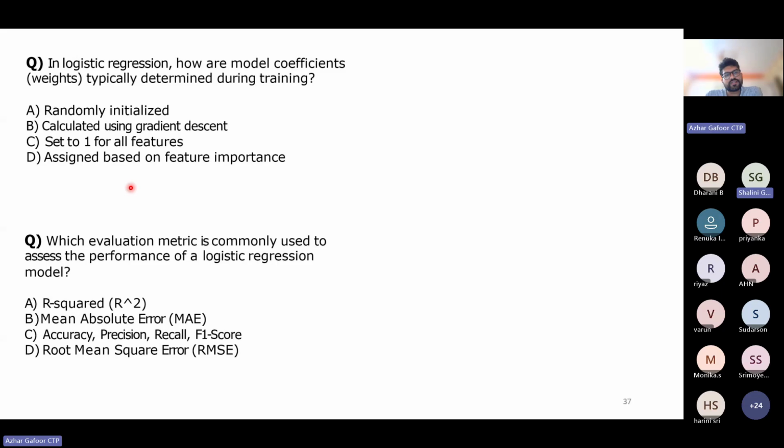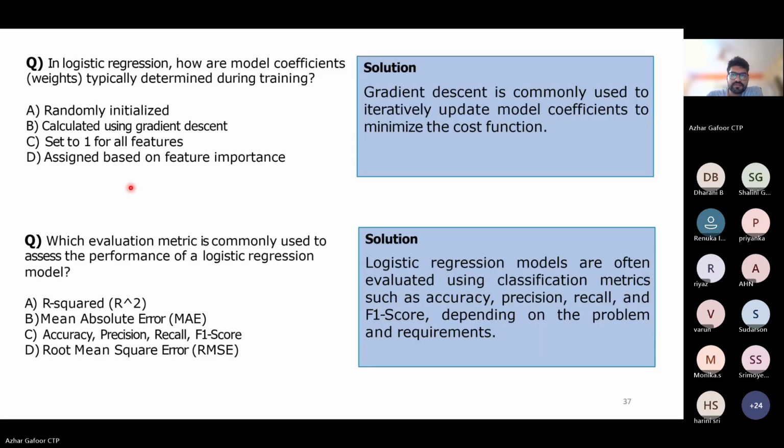So in logistic regression, it's gradient descent.